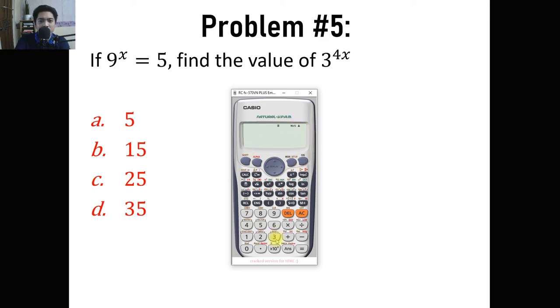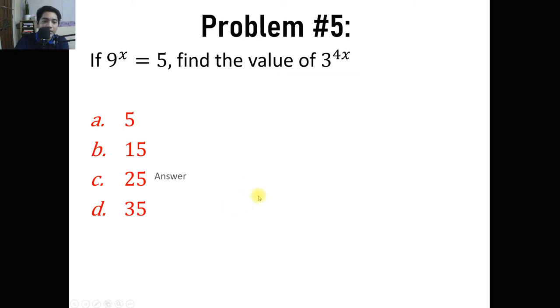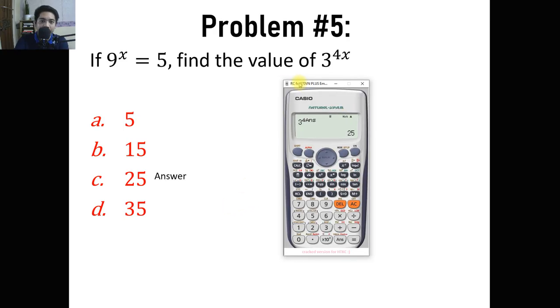Or you can also shift store it into A, X, or any variable. But since this is only the last step that we had, we can use 3 raised to 4 answer. The answer stored here is the answer that we get from the shift solve. And finally, the answer is 25. So the answer should be 25.